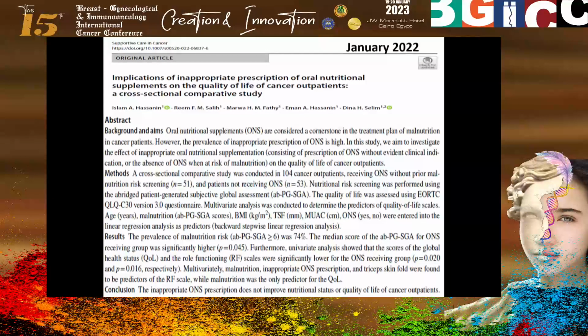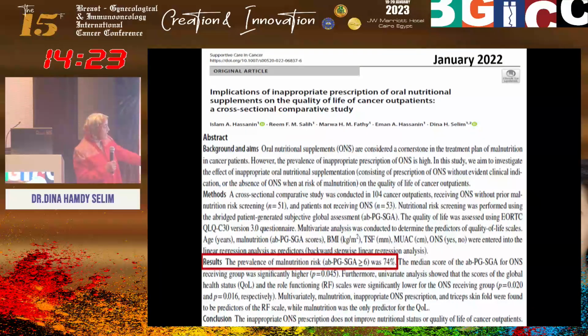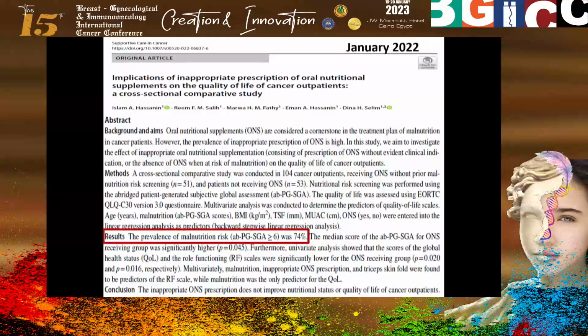I was in this study, and the main result is that the prevalence of malnutrition risk, meaning patients who are malnourished or at risk of malnourishment, is 74%, within the normal ranges worldwide.